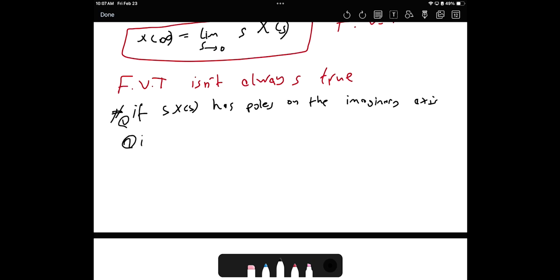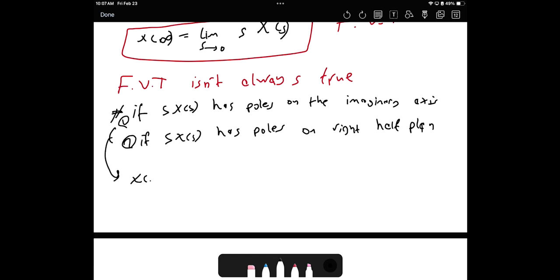Or if s times x of s has poles on the right half plane, then in any of those cases, what will happen? x of infinity does not exist.